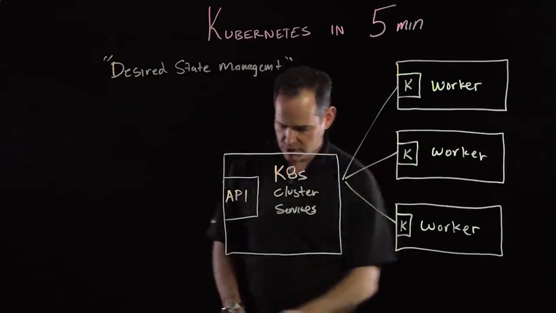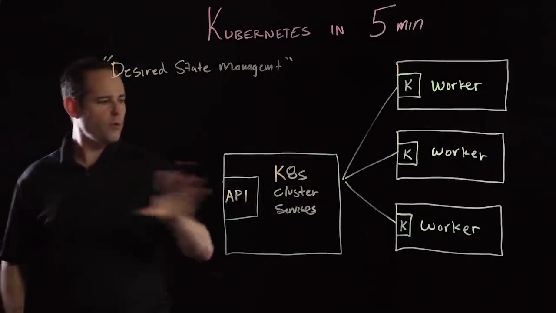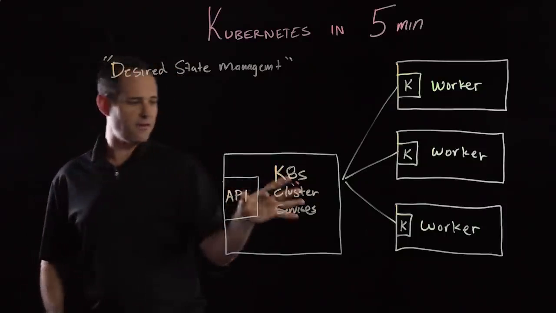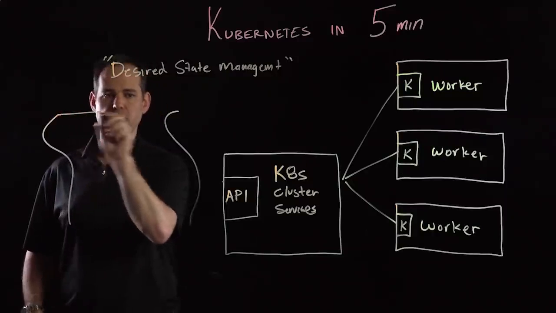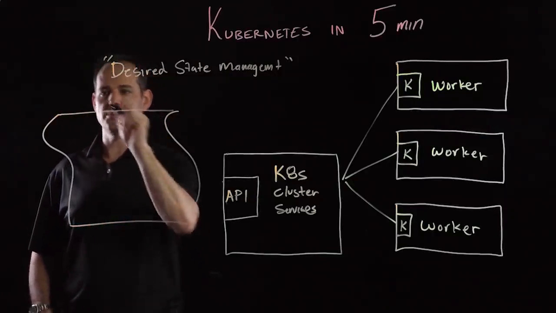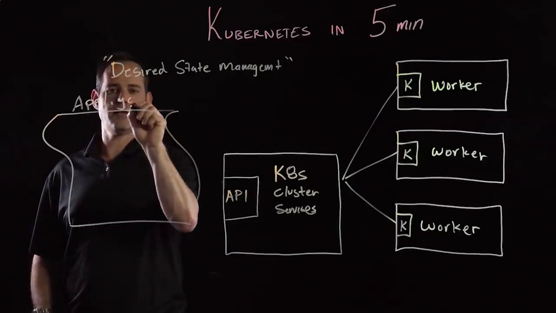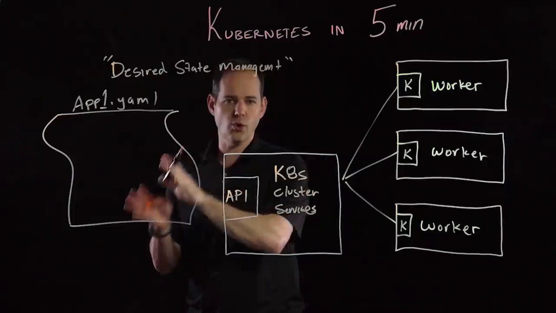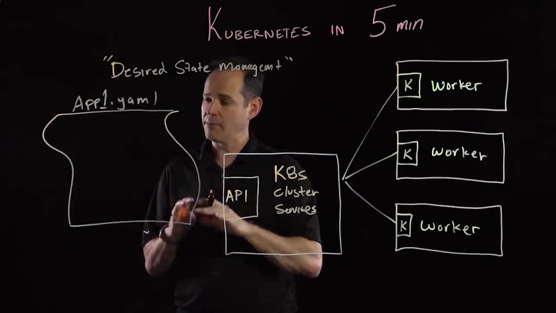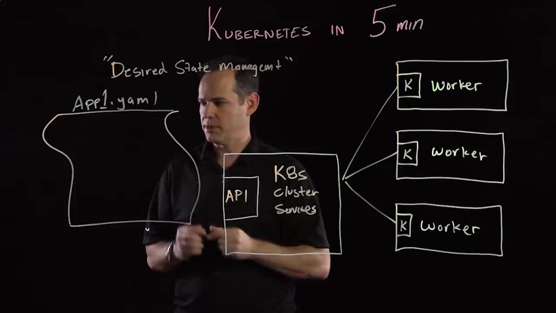So let's talk about the use case here. What we want to do is feed the cluster the configuration. The desired state exists in a deployment YAML file, which I'm going to call application1.yaml. Inside this there can be a whole bunch of configuration information, and I am going to bypass quite a bit of it, but I'm going to talk about two fundamental pieces.